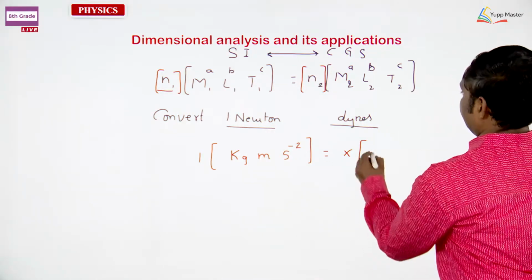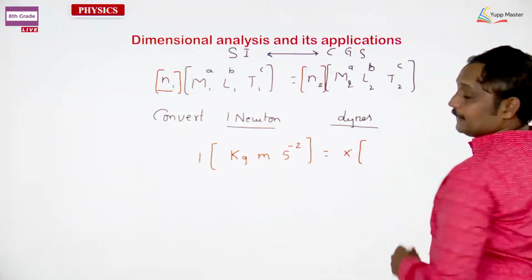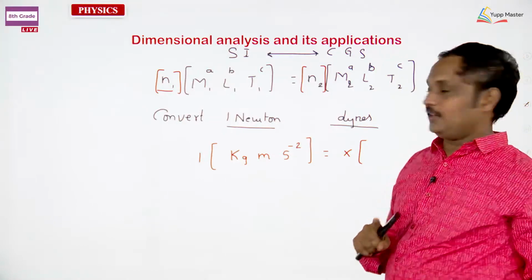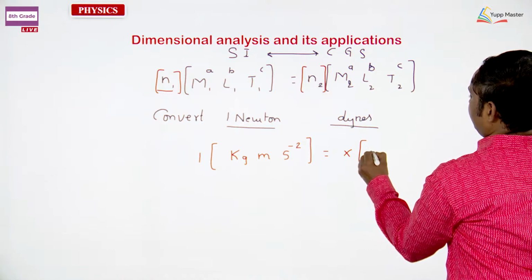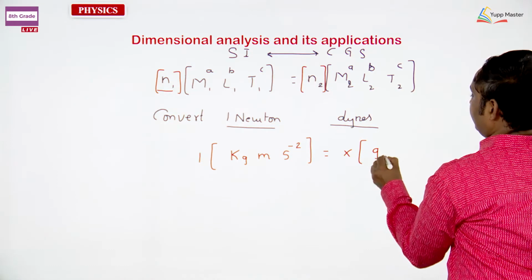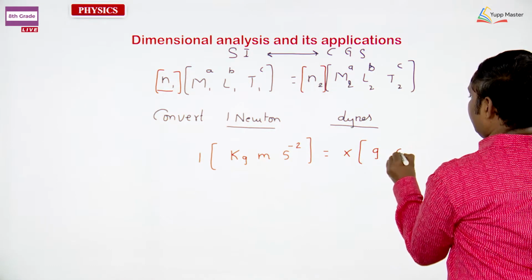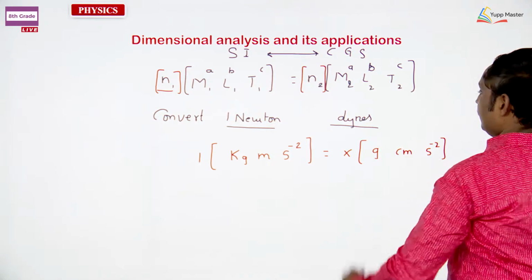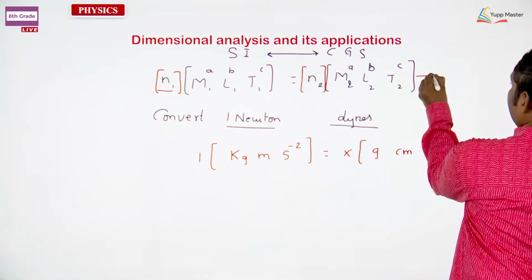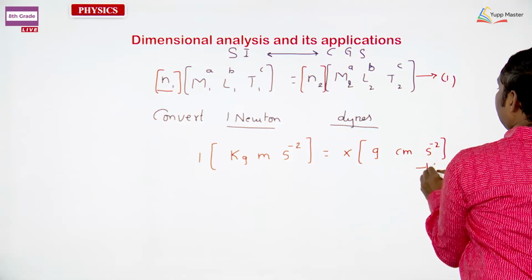Dynes can be expressed in terms of CGS units, that is, mass in grams, in centimeter second square. Yes, this is the first equation and this is the second equation.